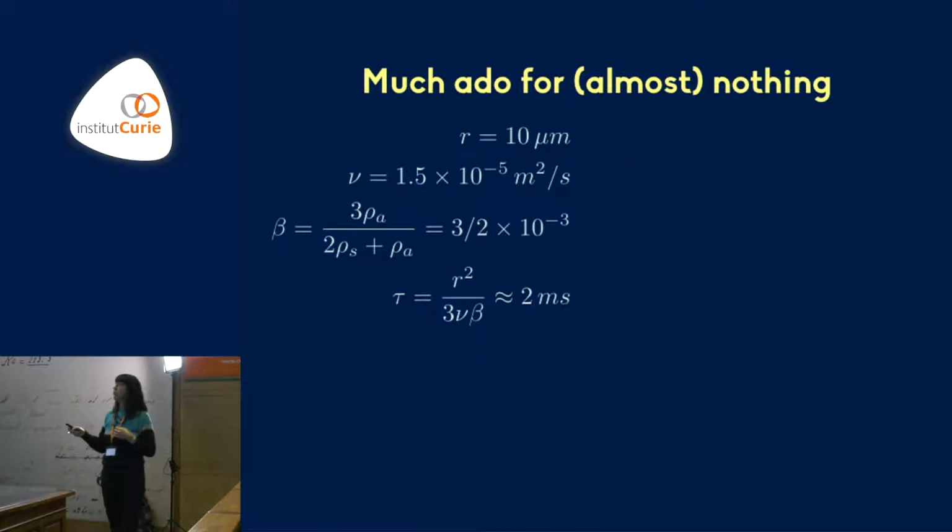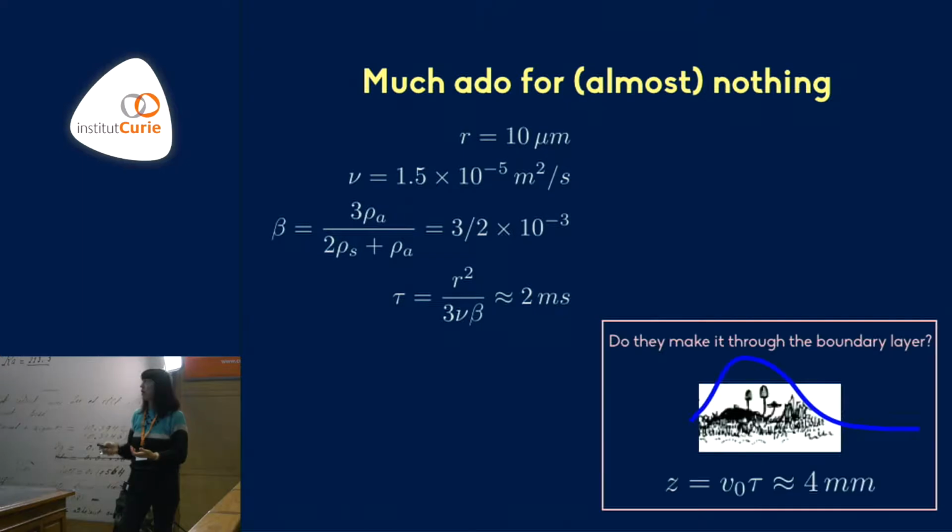So in 2 milliseconds, the spore goes from meters per second to 0. How far does it travel? You can do this analytically, but order of magnitude is initial velocity times tau. Okay, so if you thought that meters per second were a lot, you might change your mind. It's millimeters, right? If you are ejected at meters per second, you only travel millimeters ballistically.